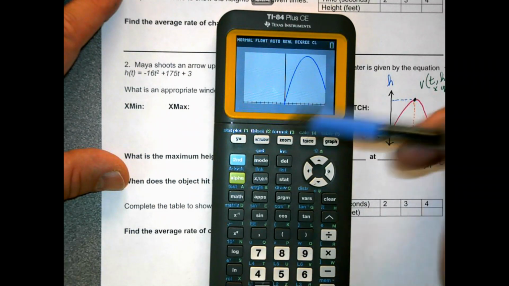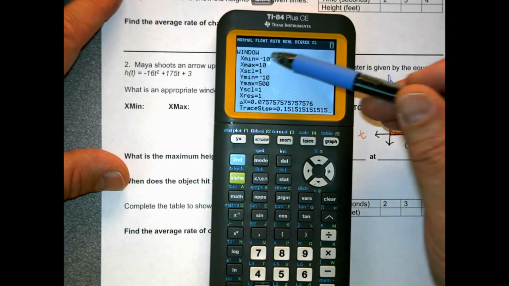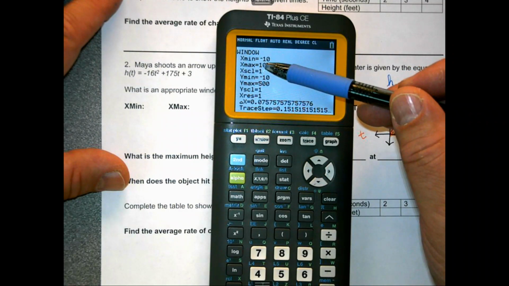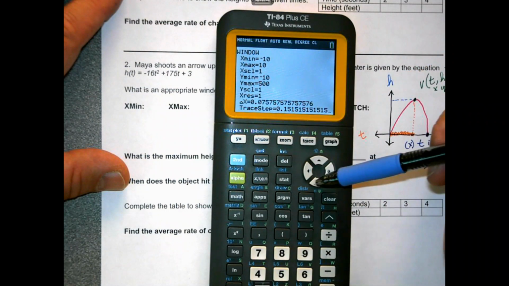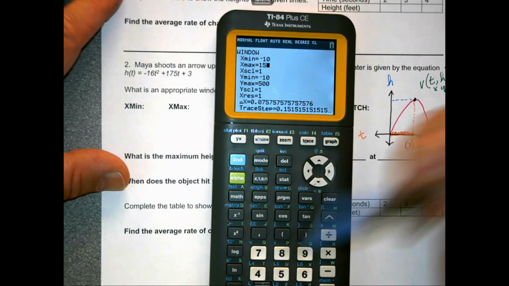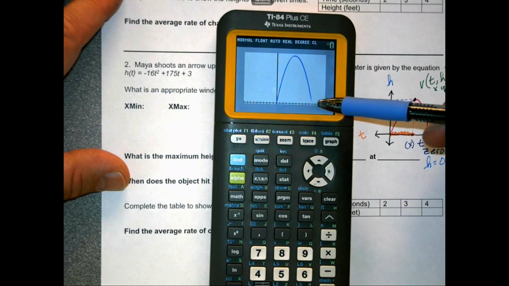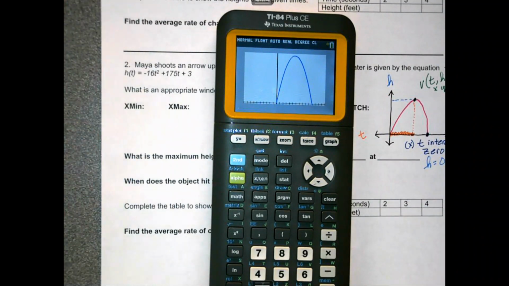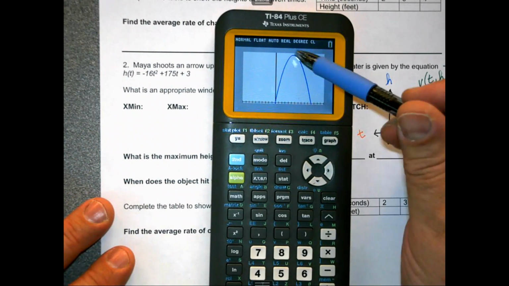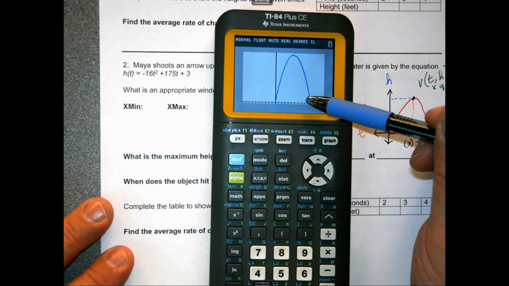So I'm going to go back to my window. Right now, my X is going up to 10. I don't need a whole lot more. Maybe I'll try 15 and hit graph. And let's see if it picks up that intercept. Yes, it does. Okay. So I can get the vertex and I can get the X intercept here.